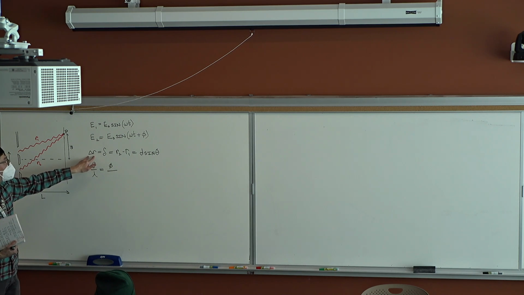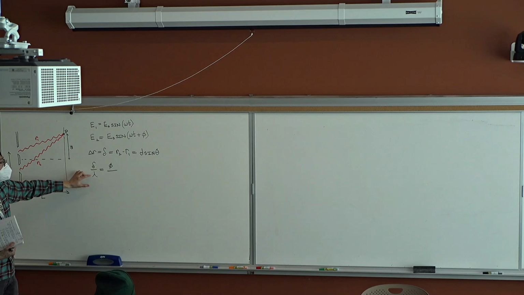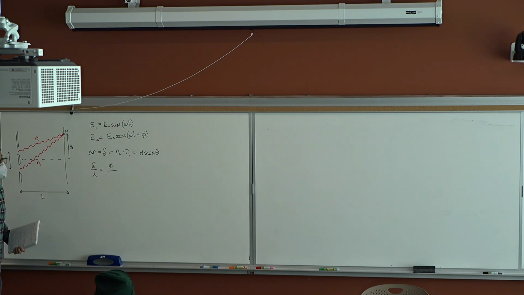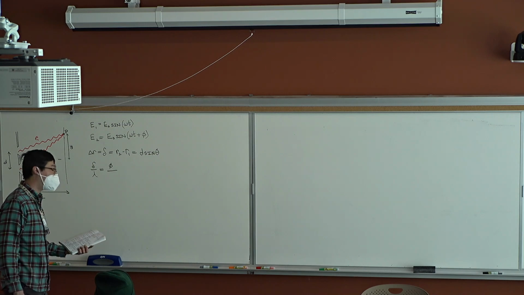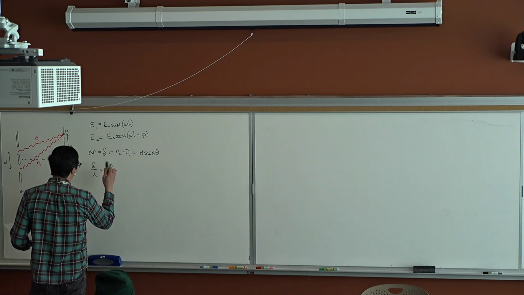So delta R is a fraction of a wavelength, right? In terms of angle, I want phi to be an angle. So lambda represents a whole wavelength. And what corresponds to one full cycle for a wave? 2 pi radians.